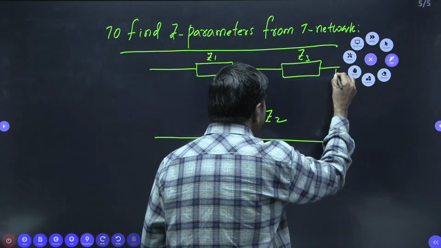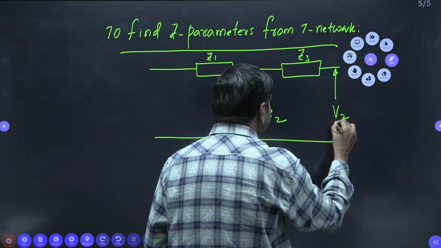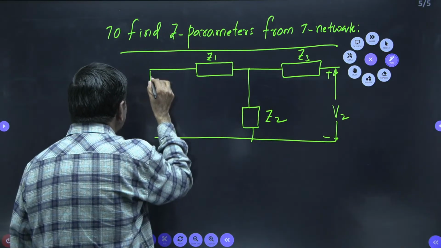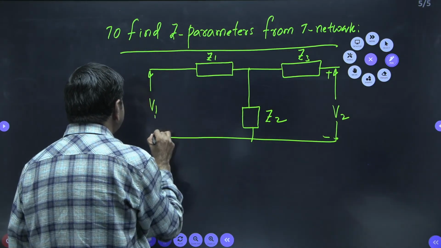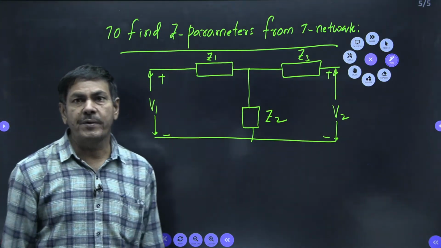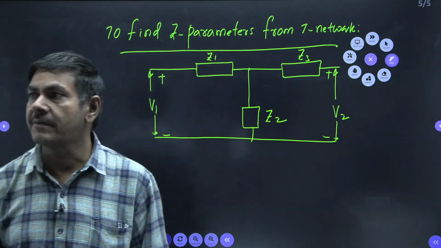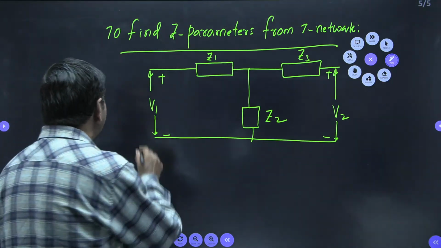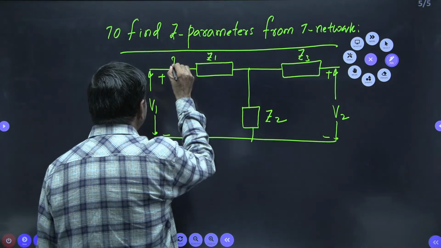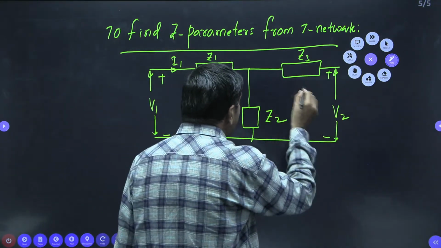The voltage between these two terminals is given as V2 and the voltage between these two terminals is given as V1. But how can we take the current directions from the given network? Because of this V1, a current I1 is going to flow. Because of this V2, a current I2 is going to flow.